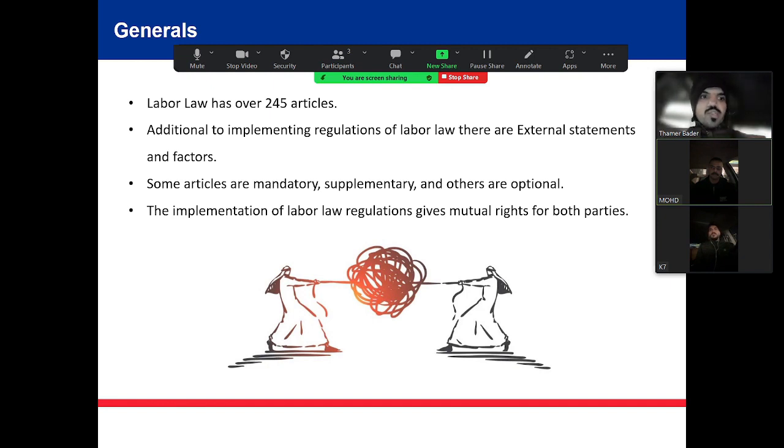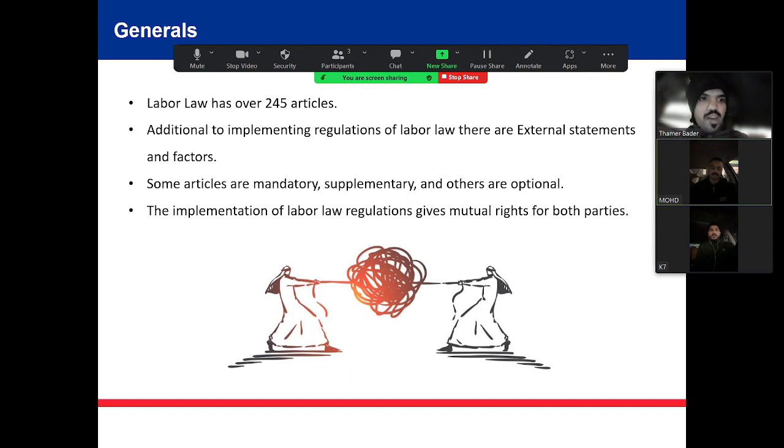The articles try their best to consider it within. Additional to the implementing regulation of labor laws, which are the 245 articles, there are some external statements and also factors that are not within these articles.